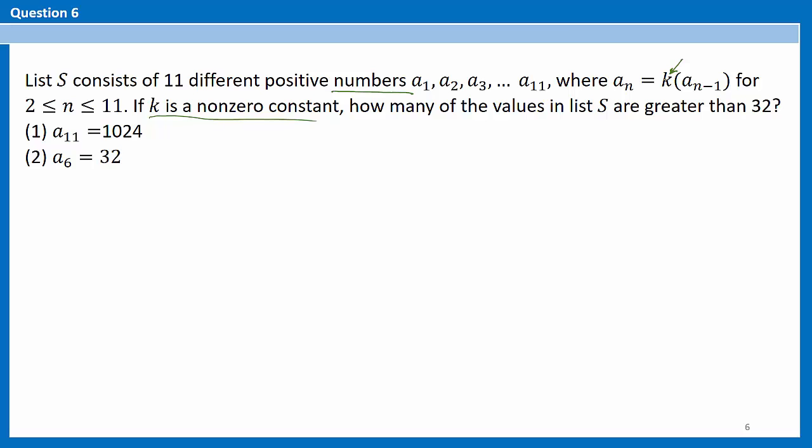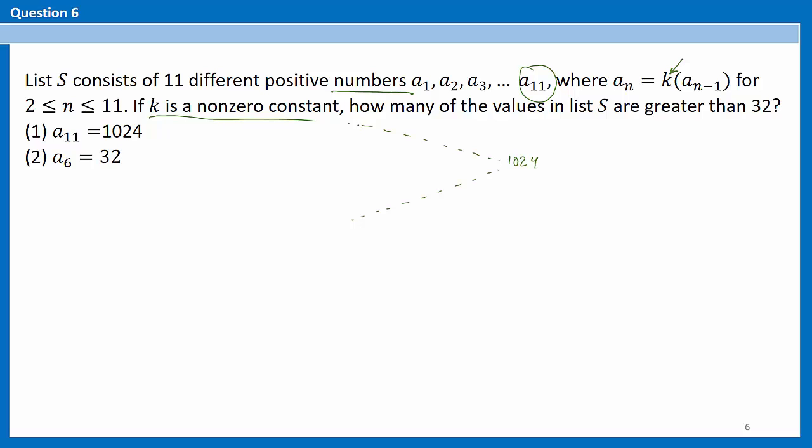Okay. Now we need to know how many of the values in S are greater than 32. Statement 1 says that A11 is 1024, which means that the last number is 1024, right? This is A11. Now, I don't know what the value of k is. I don't know if 1024 is the last number because it has been growing up to 1024 or has been coming down to 1024.